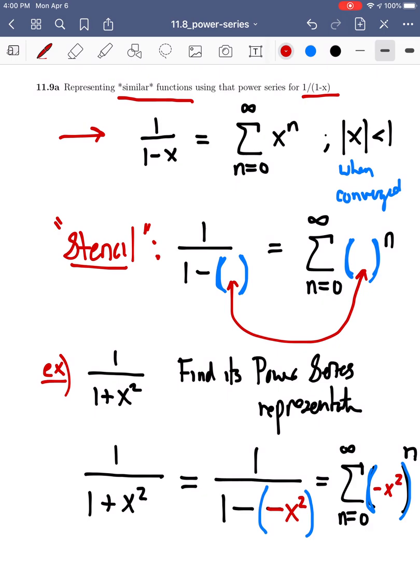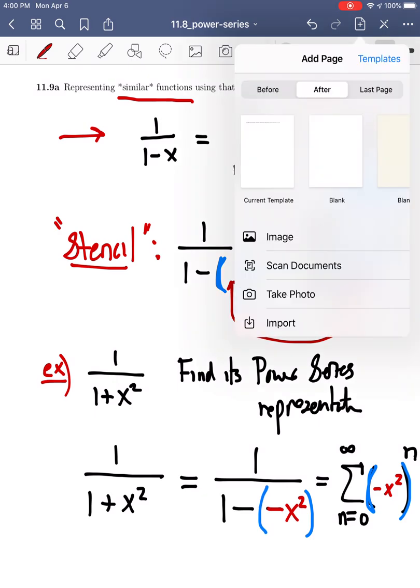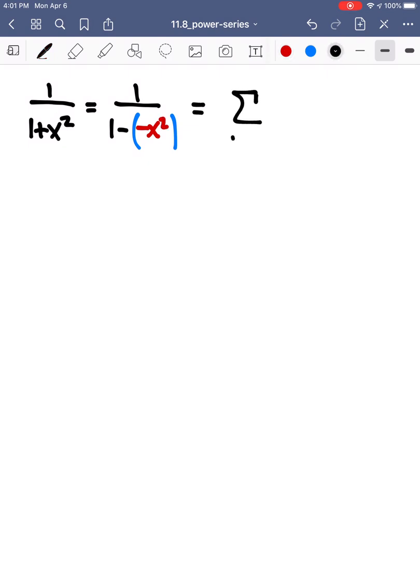So in other words, one over 1 plus x squared, we can rewrite as 1 over 1 minus the quantity negative x squared, where those blue parentheses are our stencil. And everything inside those blue parentheses is just where we placed x's before inside of our power series.